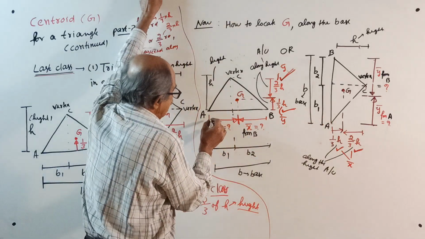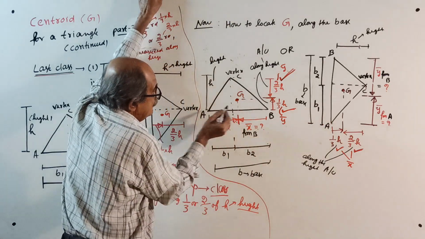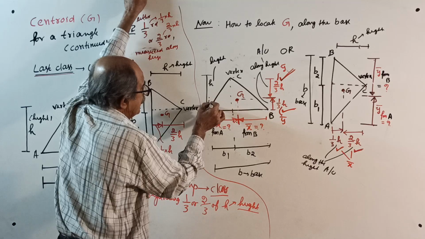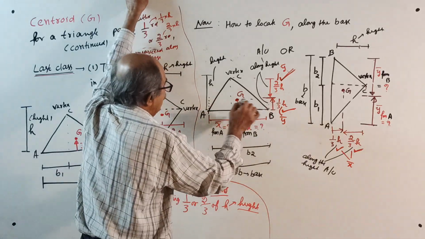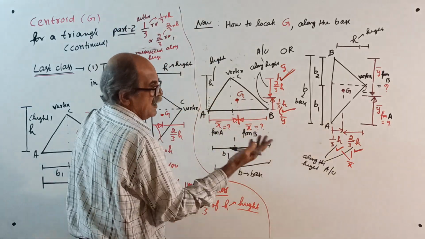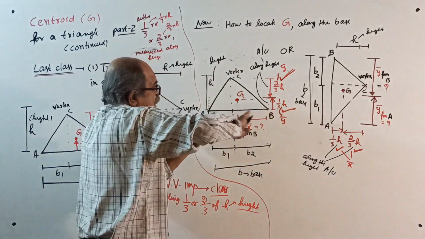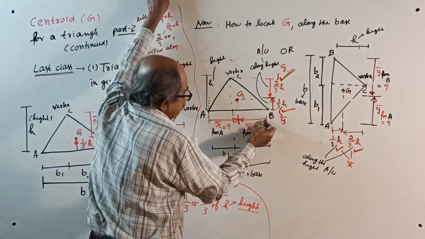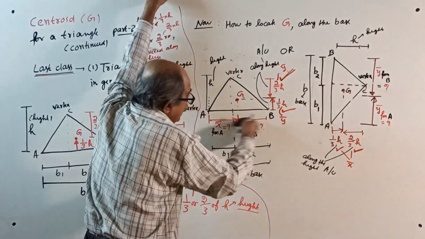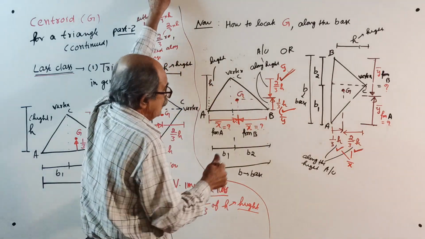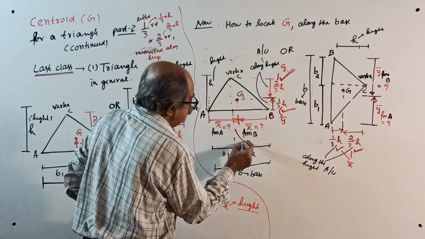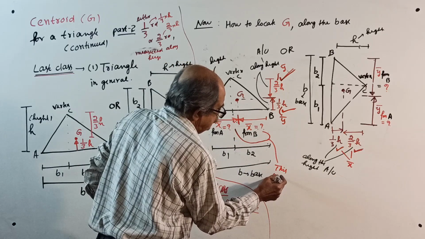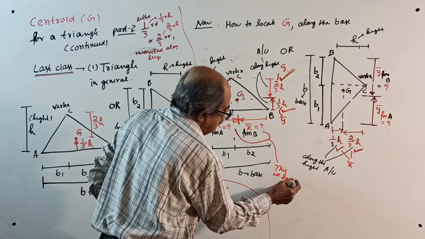I can tell X bar from A, and this is X bar from B. A means you imagine a light reference line here, measured perpendicularly. X bar measured along the base from A, X bar measured along the base from B. Both are X bars. These two we have to get.